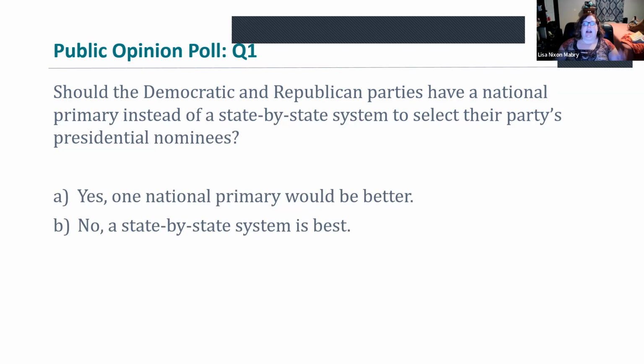The downside is because we are a 50-state union, if we did it that way, we would have to have the primary later, right? So it wouldn't give as much time for the national campaigns to campaign, really, before the general election.